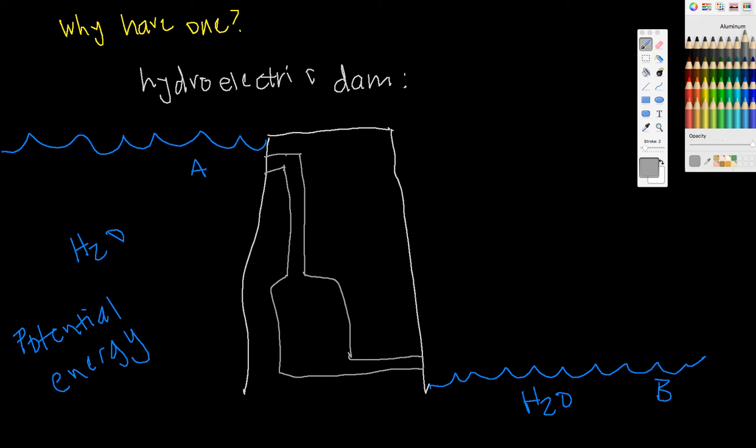But as it does so, it has to go past a turbine, which spins around as water flows through. The water is going to naturally tend to do this, and that's going to cause the turbine to rotate.